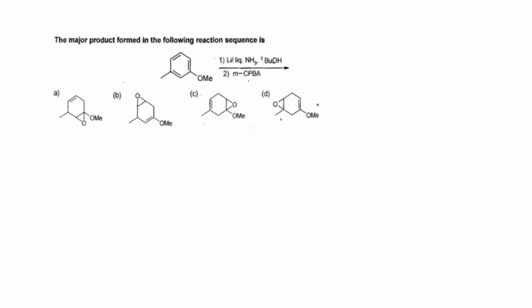In the previous class we have discussed the reduction reactions, Birch reduction. So this is a Birch reduction reagent, you know. In the previous class we have also discussed Baeyer-Villiger oxidation.